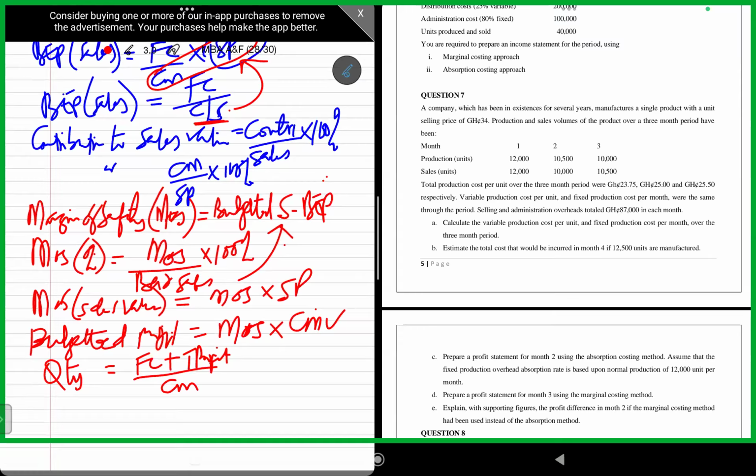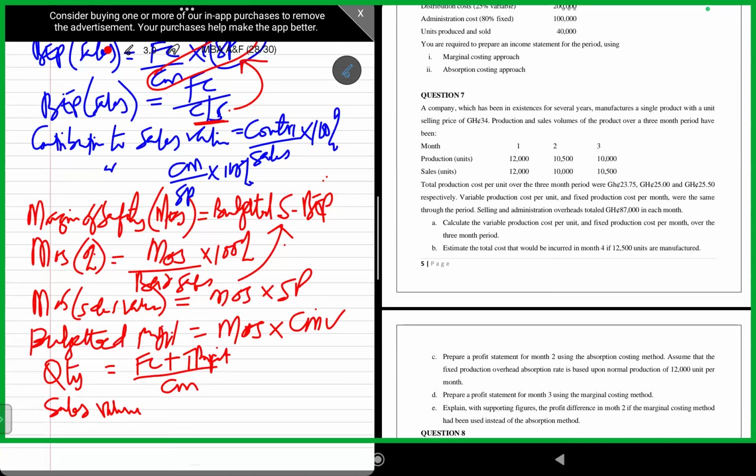So if the question says we should find the number of units to be sold to achieve a target profit, the question will give us a certain target profit. When it does, we will write down this formula. If the question says we should find the sales value, pay attention.